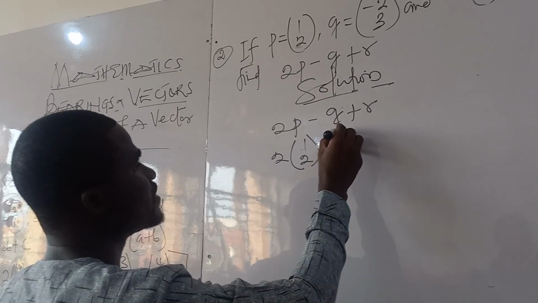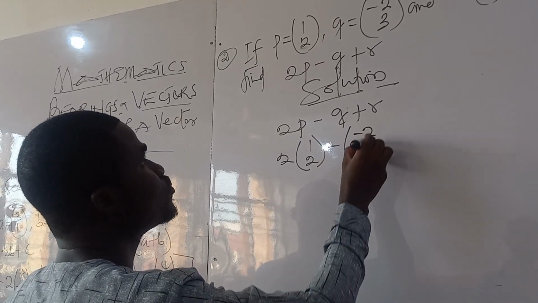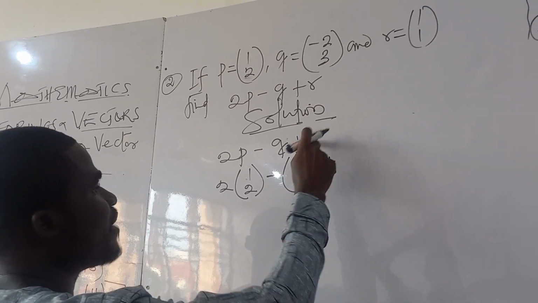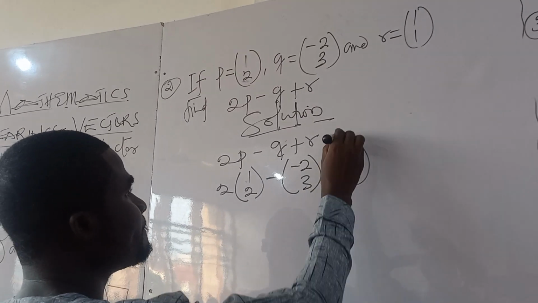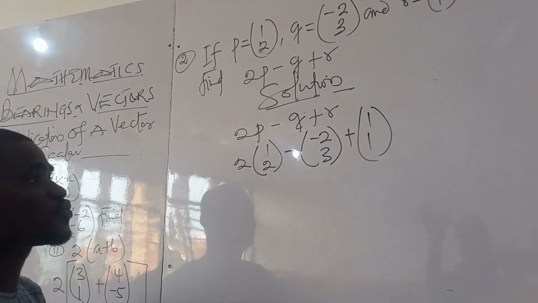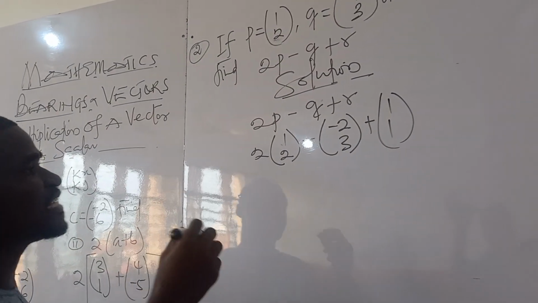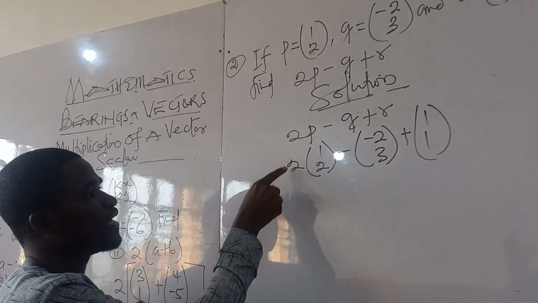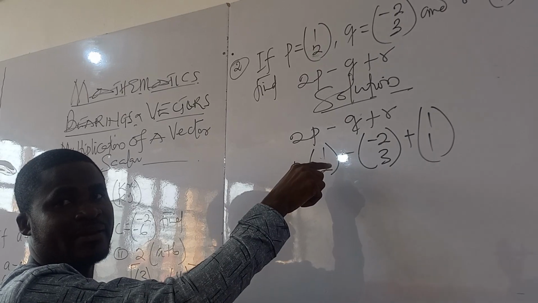Q is (-2, 3), plus r is (1, 1). So, let's remove our bracket. Now, this is a whole number. So, we're going to use the 2 to multiply everything in the bracket.